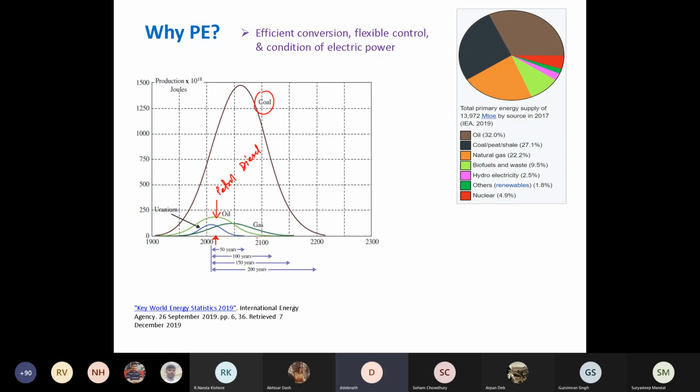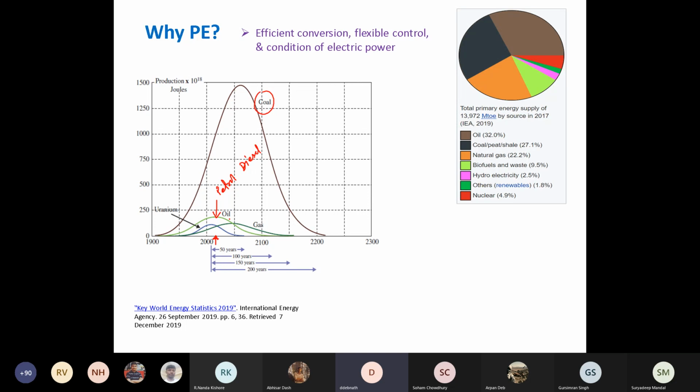And down the line of 100 or 200 years, the majority of these sources are going to be depleted. You won't get any oil after that time, the way we are using them right now. So definitely we have to go for different energy sources which will last lifelong, right?